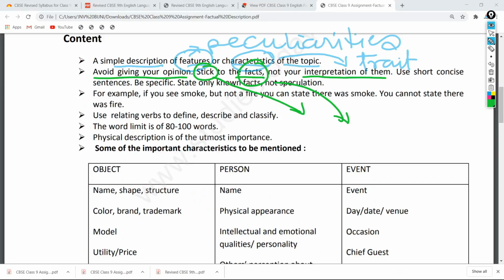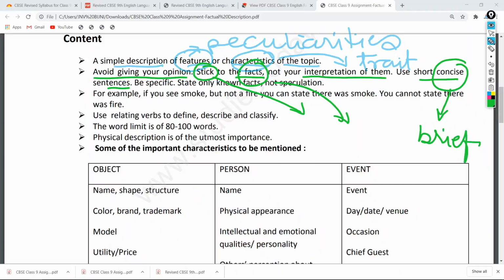Supposing you are going to write about Bhupen Hazarika, then you should not compare him with many other figures and make the description very lengthy. So you should stick to the fact or the point. Use short, concise sentences; they should be very concise or brief.